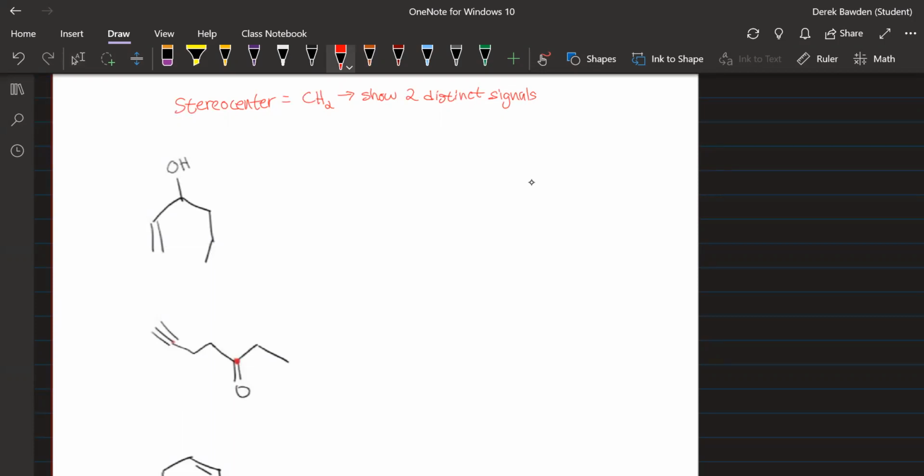So just watch out for that. You need to first determine if a molecule has a stereocenter. If it does, then you will have your CH2s show up as two different signals in your HNMR.